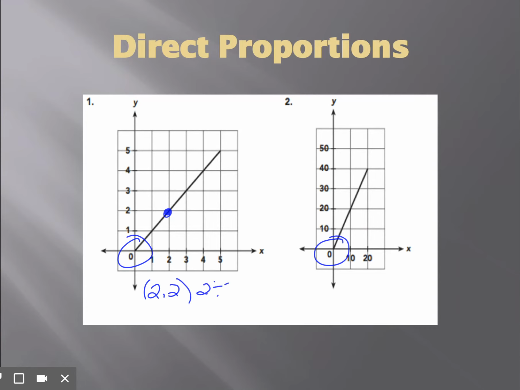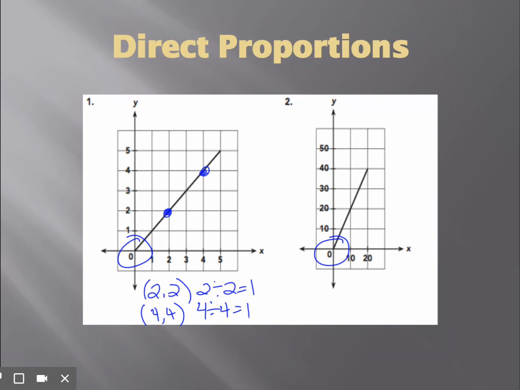So I'm just doing that division problem. Y divided by x is 1. And then another one here, (4, 4) is the point. And again, if I do y divided by x, it's equal to 1 still. And any point on that line is going to have that same rate of change.